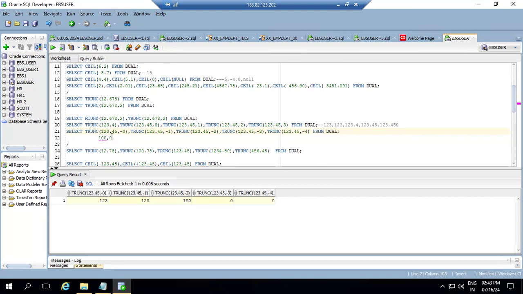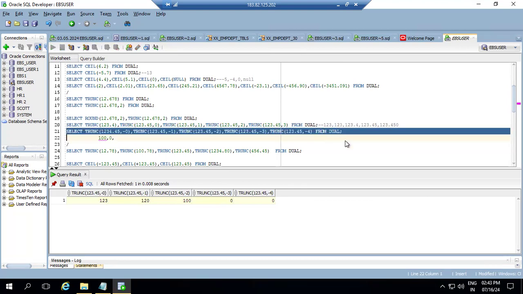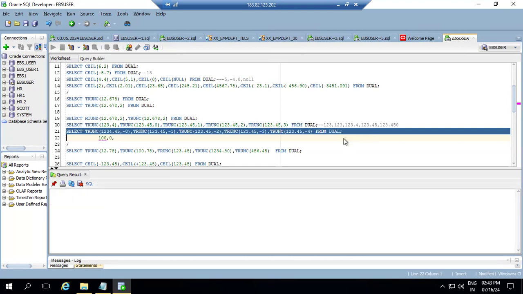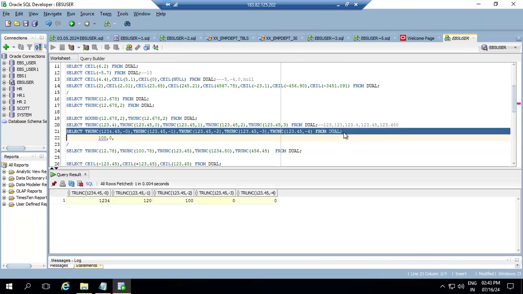When it is minus 0, what happens? It is giving you all the values, you should observe here. Even if you are going to have 1, 2, 3, 4 also, it will show you the output. You can see this, right?